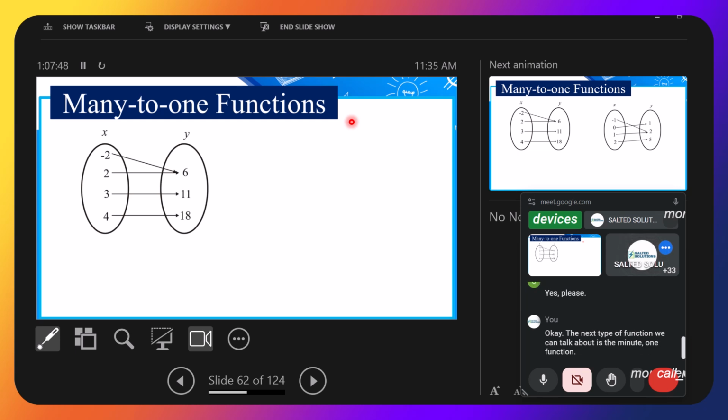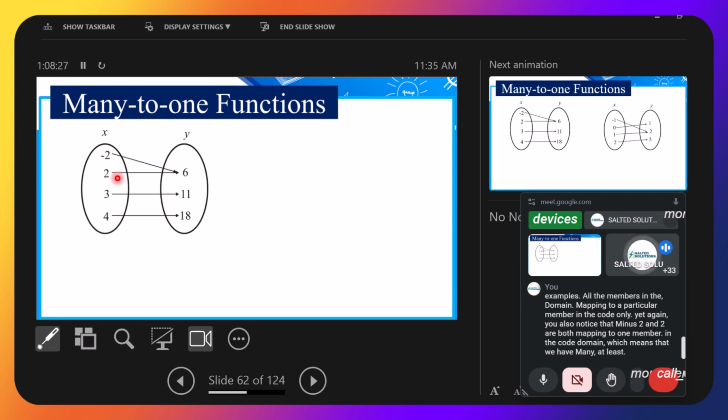So we have a first example. In this case, just like the previous examples, all the members in the domain are mapping to a particular member in the codomain. Yet again, you also notice that -2 and 2 are both mapping to one member in the codomain, which means that we have many, at least if you have 2, it's many, it's not just one.